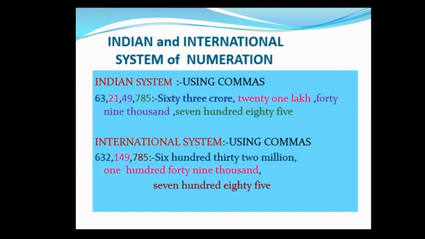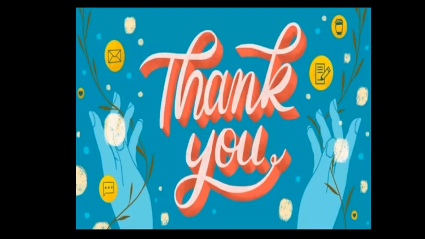After this, the international system using commas: 632,149,785. So in the international system we will put the comma after 3 digits, then after 3 digits, then after 3 digits. Now I hope you all have understood this topic very well.